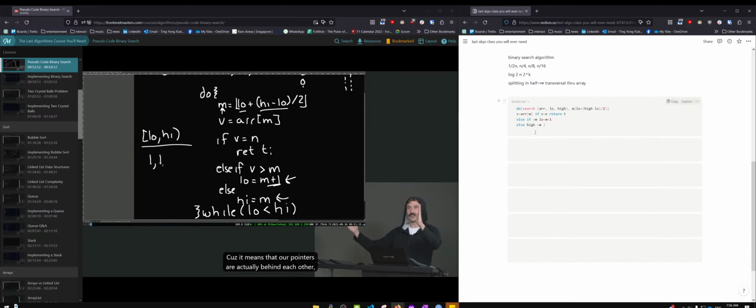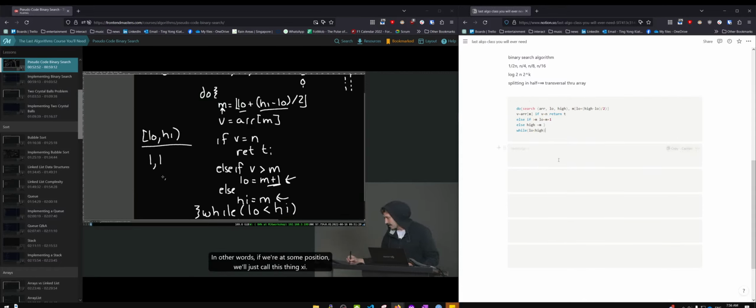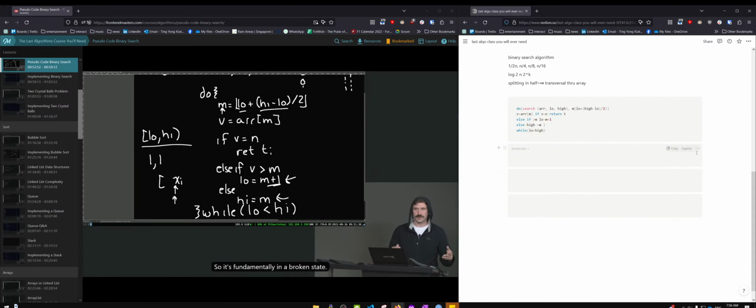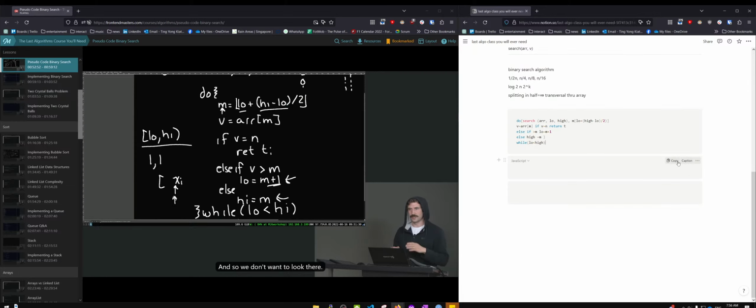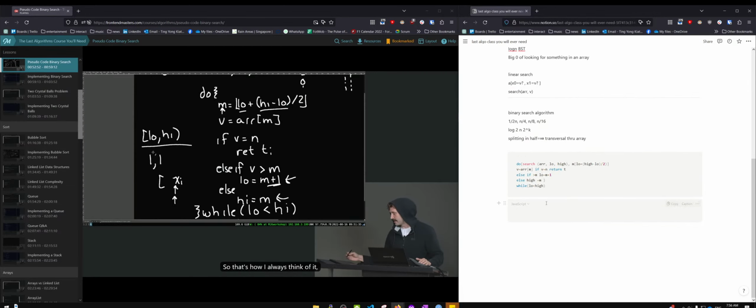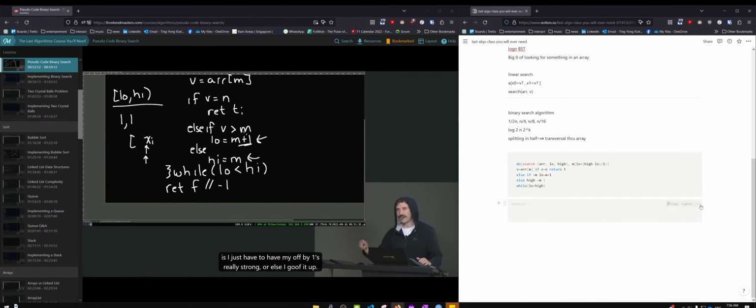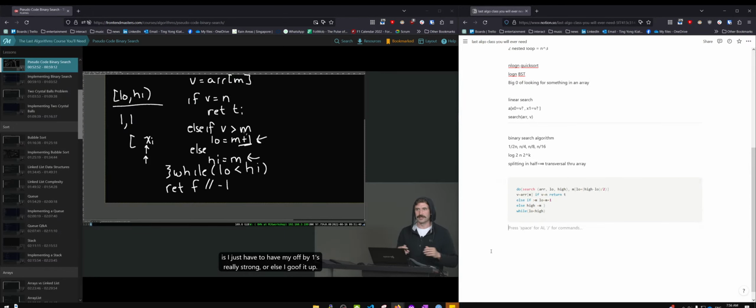Because our pointers are actually behind each other. In other words, if we're at some position, we have a pointer that says, hey, I want to start here, and then our end pointer says, hey, don't cross this line. So it's fundamentally in a broken state, and so we don't want to look there. That's how I always think of it: I just have to have my off by 1s really strong, or else I goof it up.